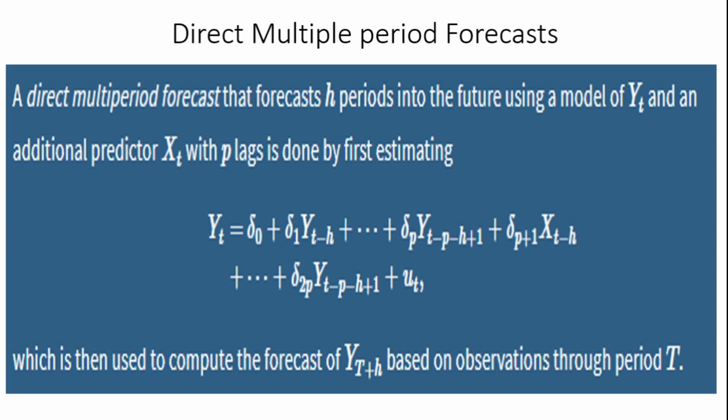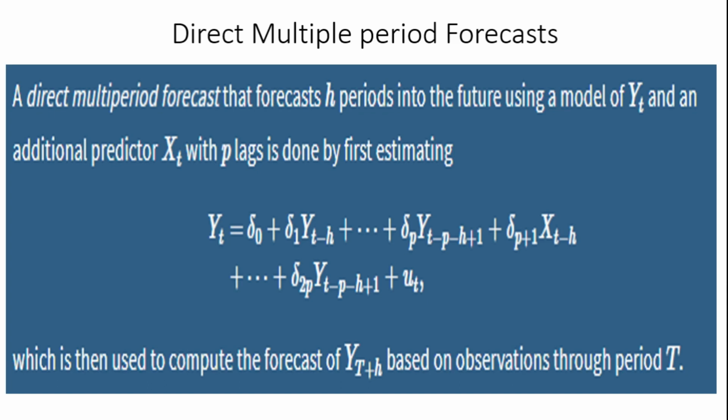In sum, it is done by first estimating our variable YT in function of previously observed variables in the manner that you can see on your screen, which is then used to compute the forecast of y at the period t plus h based on observations through period t.